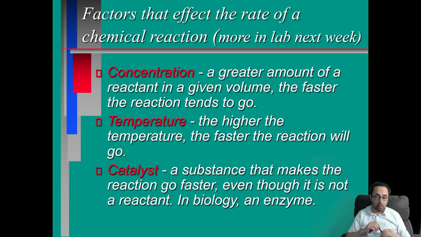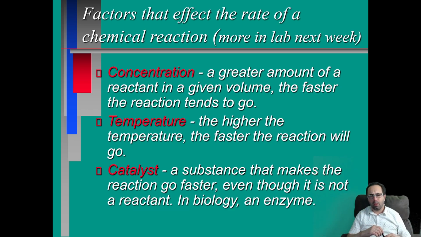But there are spontaneous reactions that are also very slow. For example, if you leave a car out in a field, it's going to eventually rust. Will it rust today or tomorrow or next week? Maybe not, but if you give it a long enough time, it will eventually rust. The rusting is spontaneous, but the speed is pretty slow.